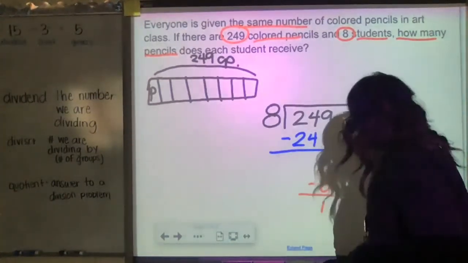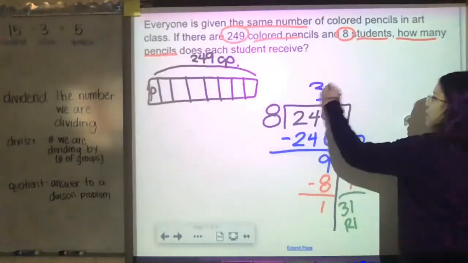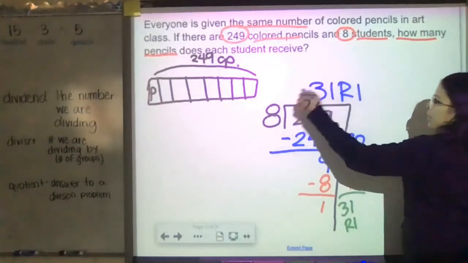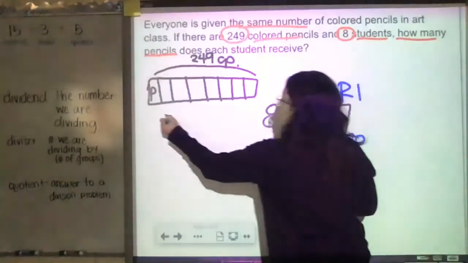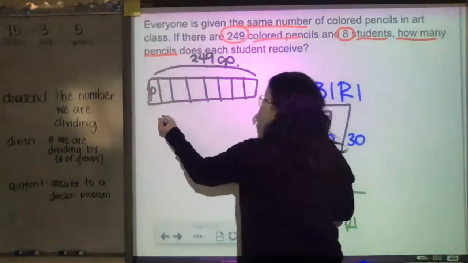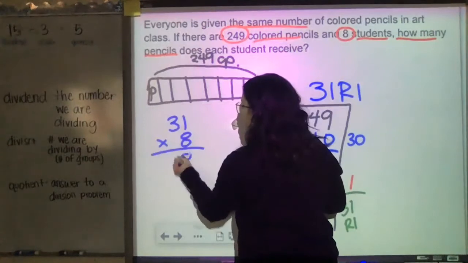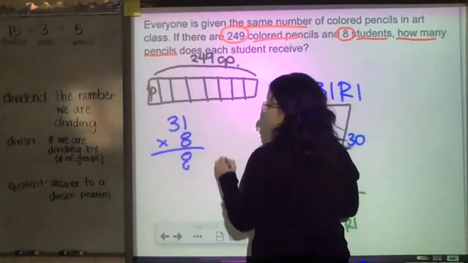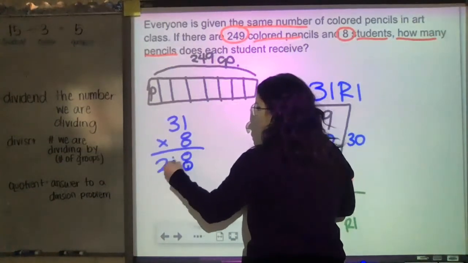Poor guy. So I'm going to check my work by reversing the problem, doing 31 times 8, then adding on my remainder, and that should get me 249. 8 times 1 is 8. Then I cross to the tens. 3 tens times 8 is 24 tens.